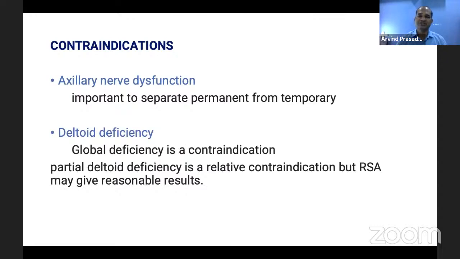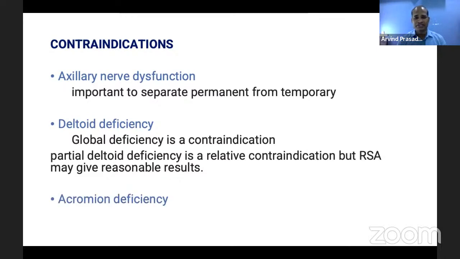This is a contraindication for reverse shoulder arthroplasty if it is global deficiency. But some people are doing it in partial deltoid deficiency also, and they are showing good results with the reverse shoulder arthroplasty. When there is acromion deficiency, where the deltoid gets attached, again this is a contraindication.